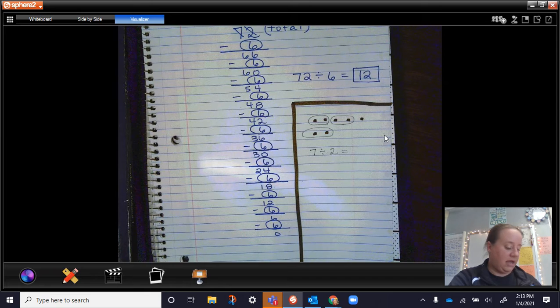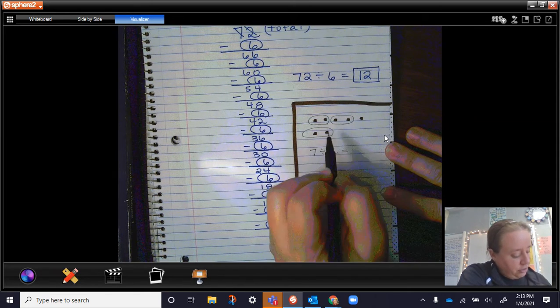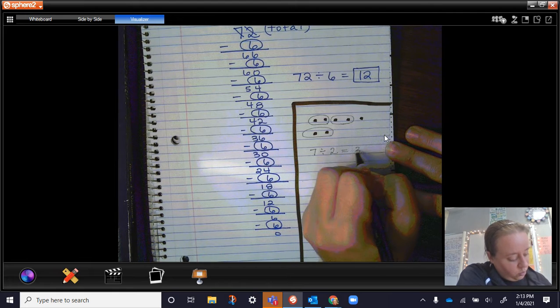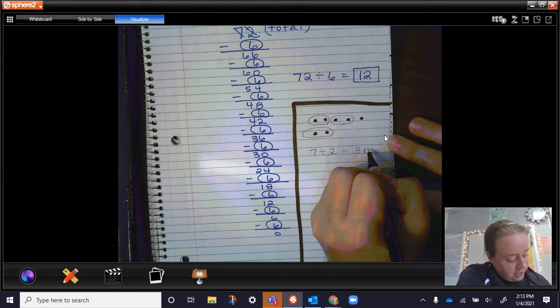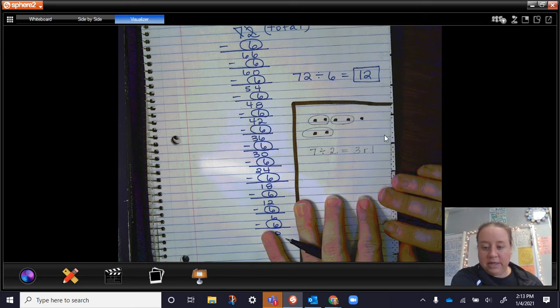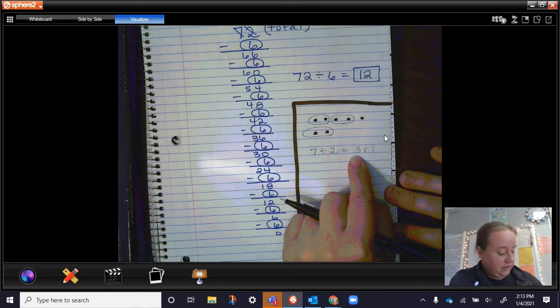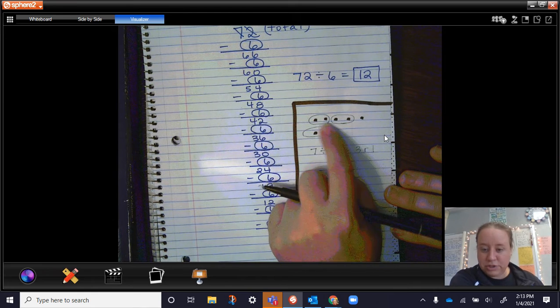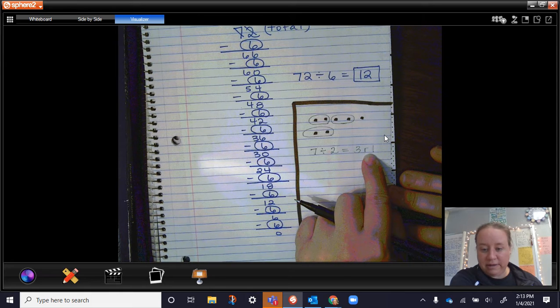So the way that I write this is I put that there are 3 groups with 1 remainder left over. So you put 3, remainder 1. Okay, so there were 3 groups that you were able to make evenly. They each had 2, 2, and 2, but there was 1 remainder left over.